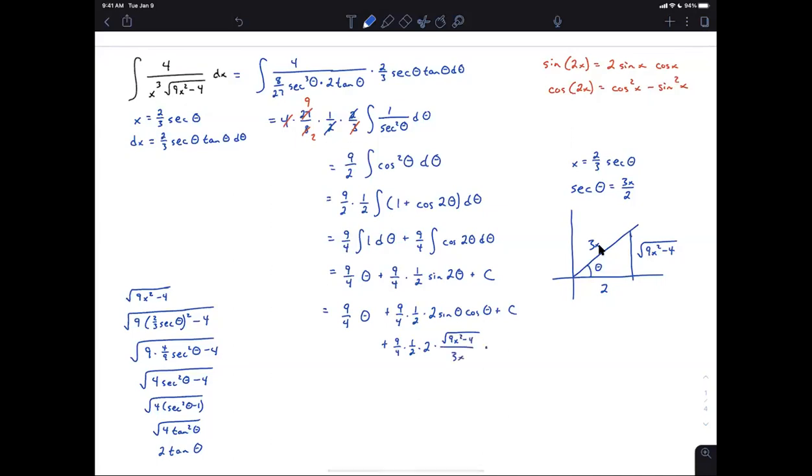And cosine theta is x over r, or adjacent over hypotenuse, which is 2 over 3x. Now we got to deal with this 9/4 theta, but does everybody follow where I'm getting this? And again, feel free to unmute yourself or type a question in the chat if we're not sure.